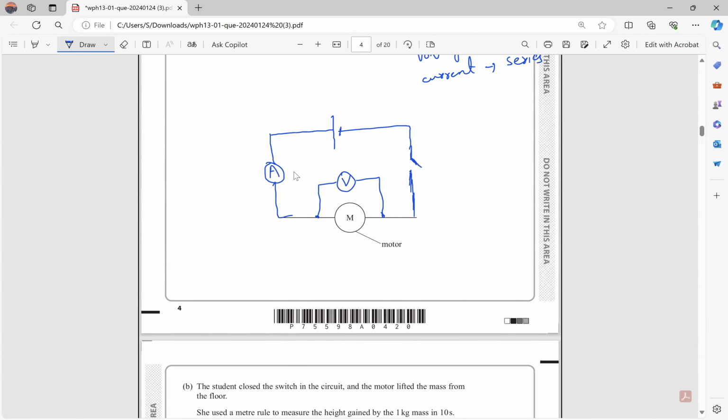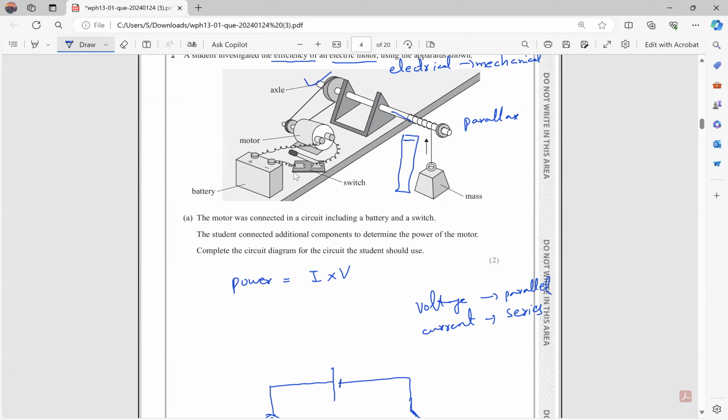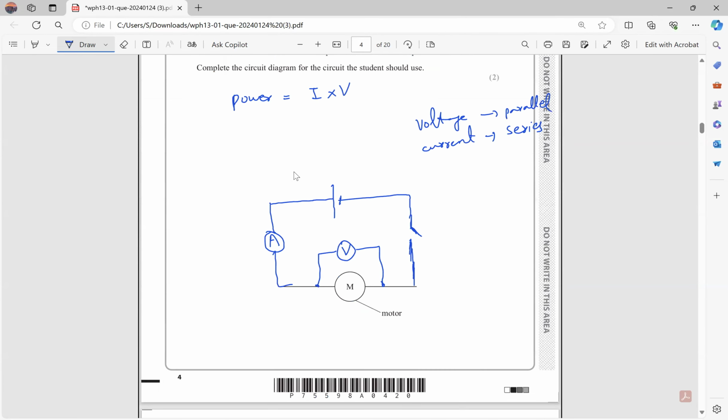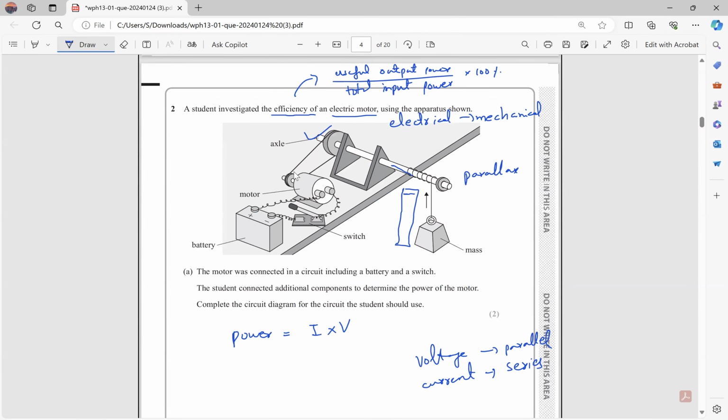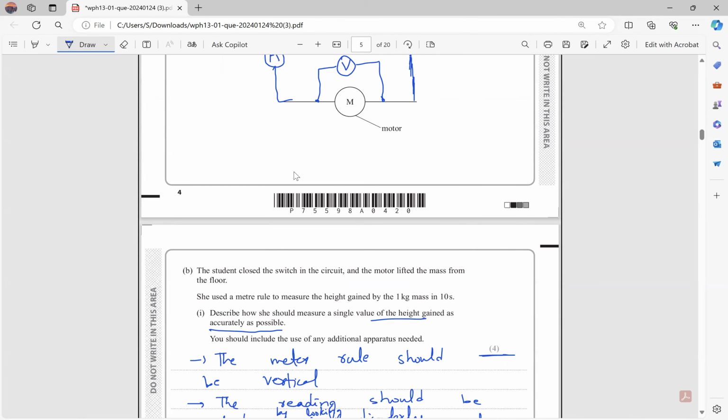And the fourth thing, we need 4 points. So a fourth point is to make sure that the meter rule doesn't move while we're taking the reading. We don't tilt it, we don't move it here and there. We can fix it. We can use a clamp stand to fix the meter rule, and in this way, we can be sure that it doesn't move.